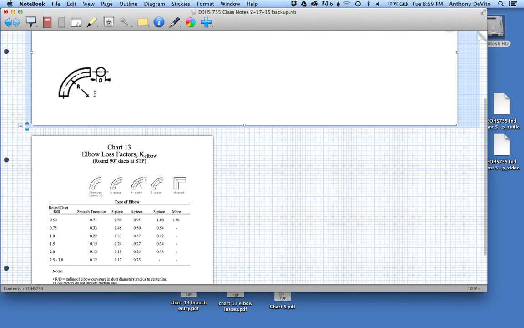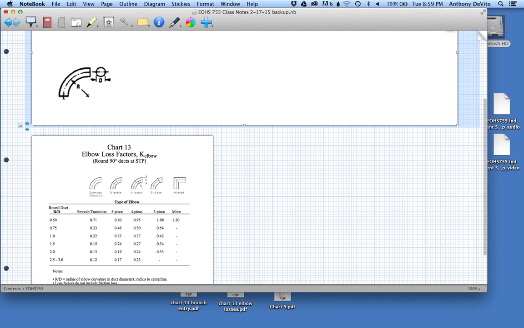Now, there's a way that we describe these devices. The way that we describe an elbow is by comparing the diameter of the ductwork, remember usually this is a circular duct, whatever that happens to be, and the radius of the curve.